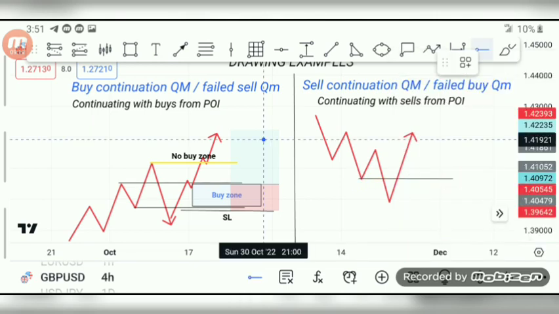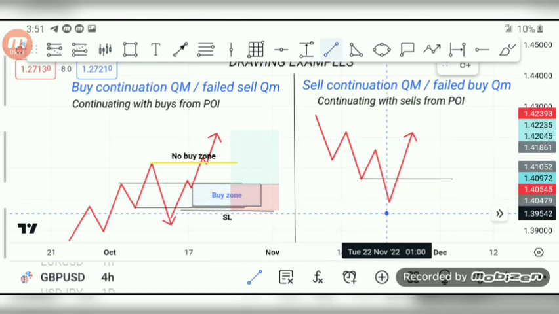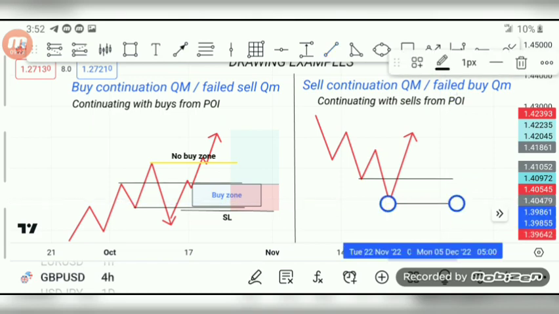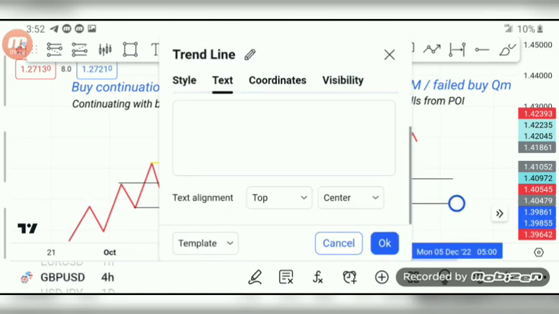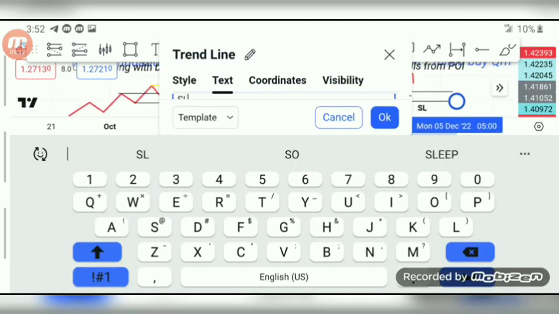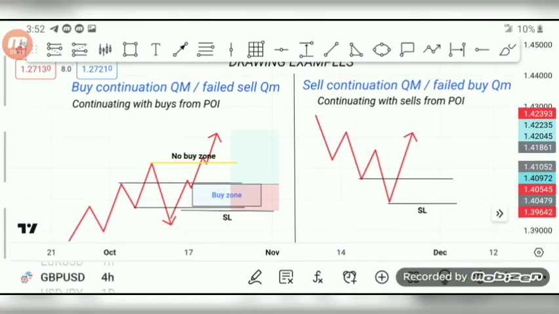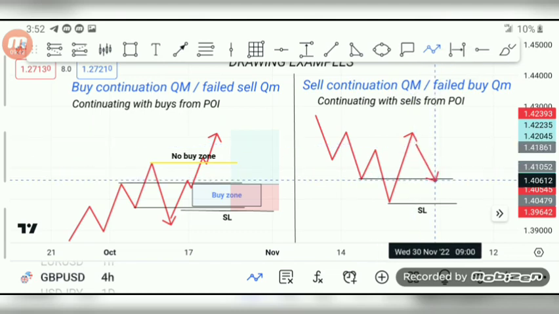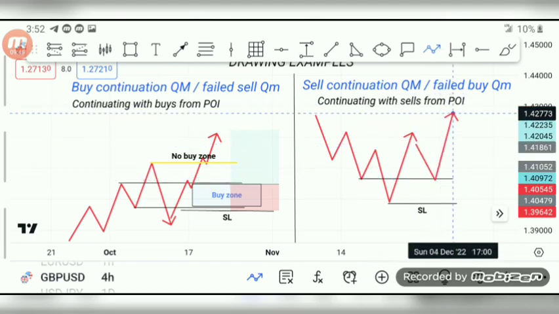Getting our stop loss right there. That's our stop loss. So here we're already looking at the market coming to sell into our buy zone, and we buy higher.